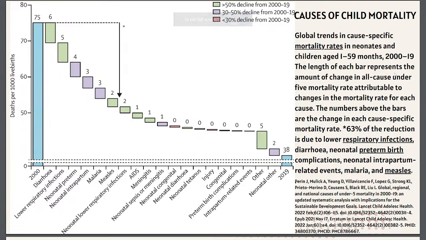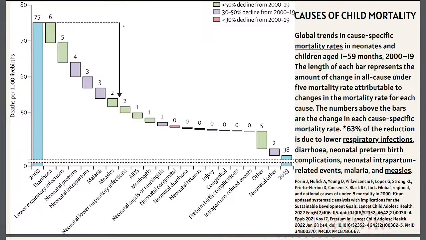So if you look at this, you have the causes of child mortality, and these are the rates. We have been able to decrease these deaths per 1,000 live births over the years, and the length of each bar represents the amount of change in all-cause under-5 mortality rate attributable to changes in the mortality rate for each of these causes.